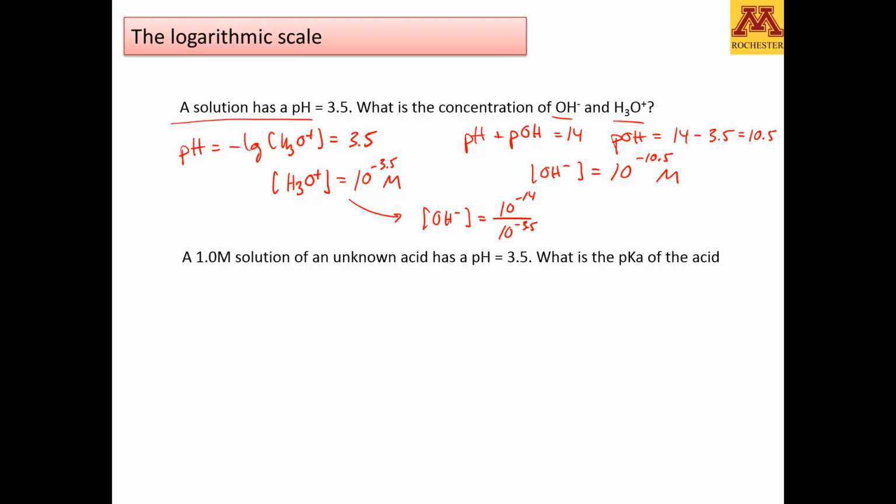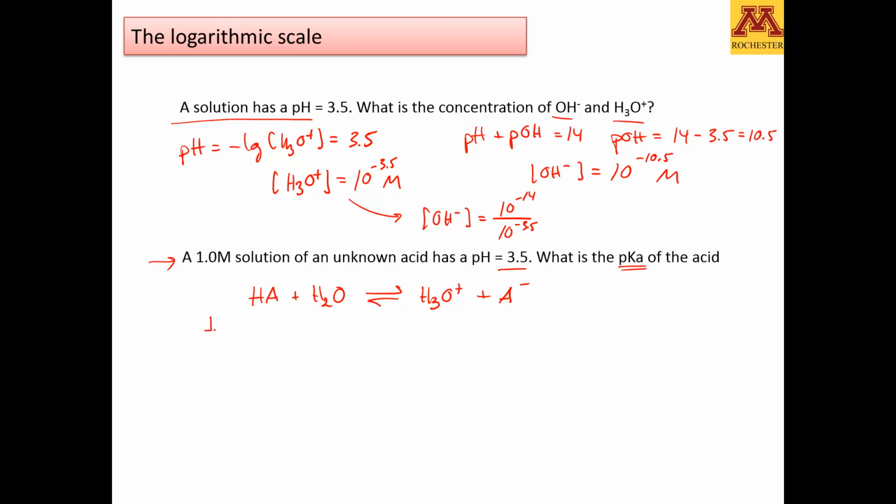Okay, so a little bit more intricate. In this case, it's asking for the pKa if you have a 1 molar solution of an unknown acid and the pH is, again, 3.5. How can I know the equilibrium constant? Well, I know that any acid dissociates in water, behaving like an acid.